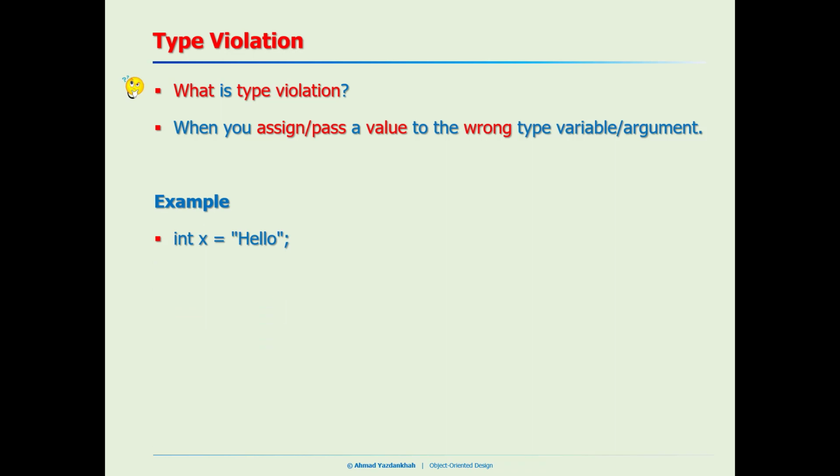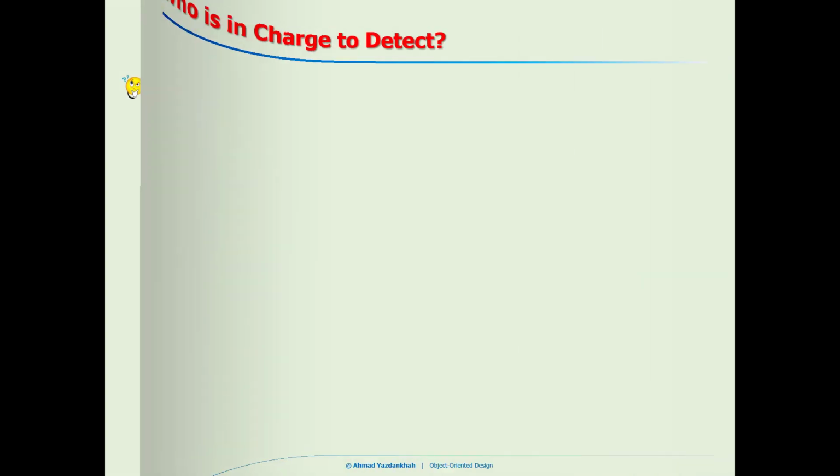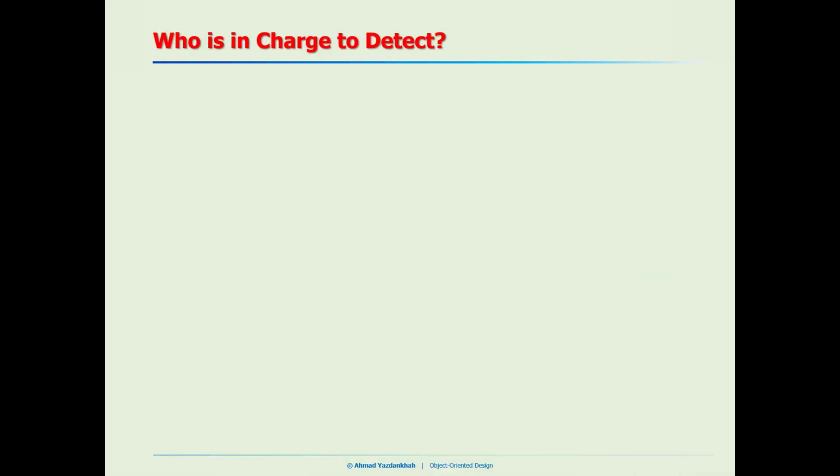We know that this is a violation in Java: int x, and you assigned a string to it. This is a type violation. Now the very next question would be who's in charge to detect this violation? That's a very important question in programming languages in general.